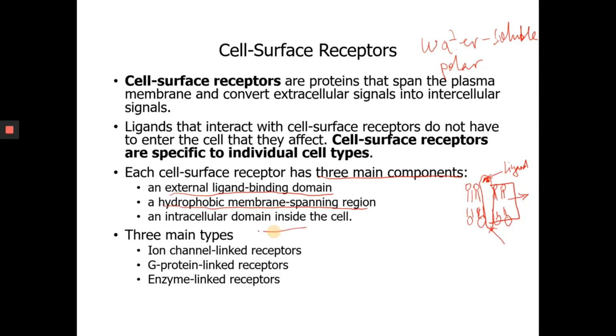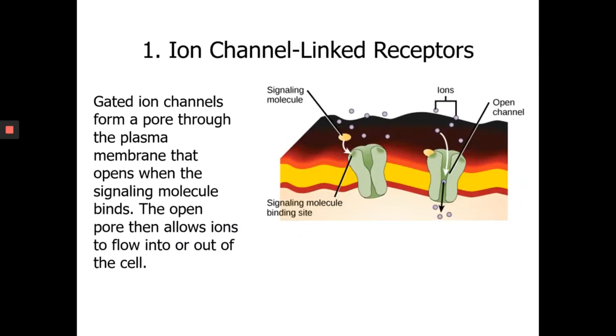Next are the three main types of cell receptors. This is very important, so make sure you know how each one works. First we're going to look at the ion channel linked receptors. For each type of receptor, I will have a figure that demonstrates how the signal transduction pathway works.